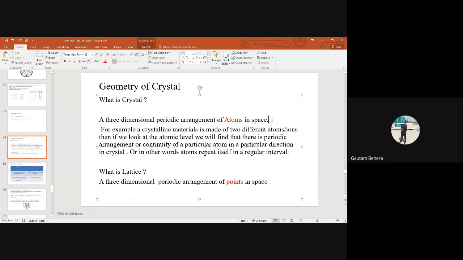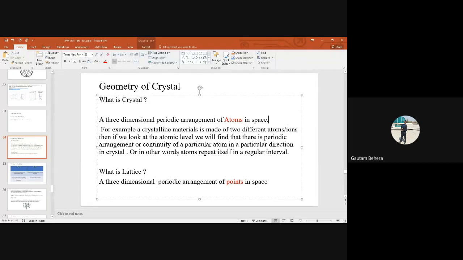But to explain, sometimes we can use some 2-dimensional crystal, but in real situations crystals are 3-dimensional, right? For example, a crystalline material is made up of 2 different atoms or ions. Then if we look at the atomic level, we will find that there is a periodic arrangement or continuity of particular atoms in a particular direction in the crystal.